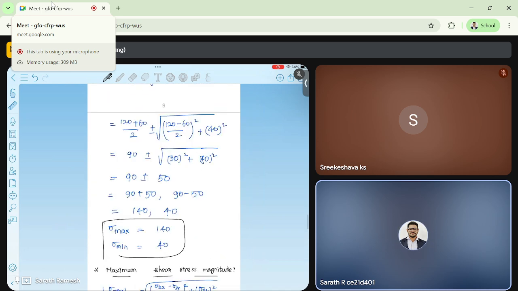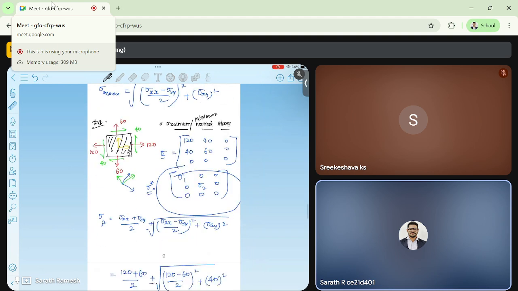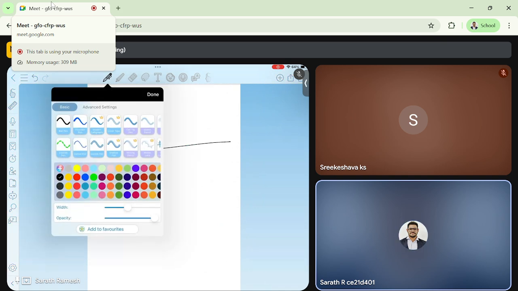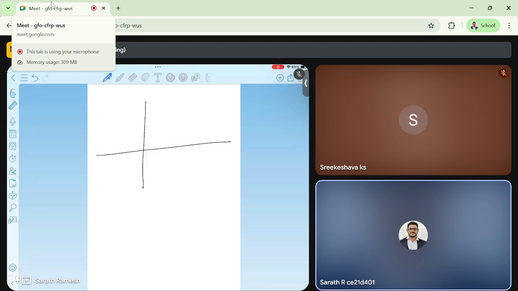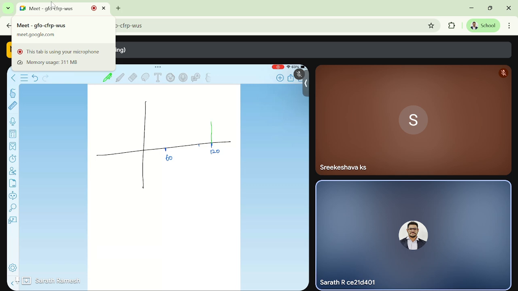So here, 120, 40, 60. 120 is sigma xx, and 60 is sigma yy, and 40 is sigma xy, 40 and 40. And this would be 80, right? 100.